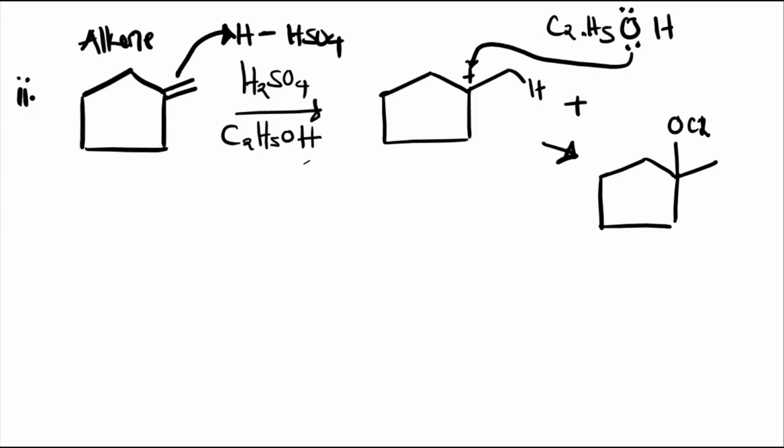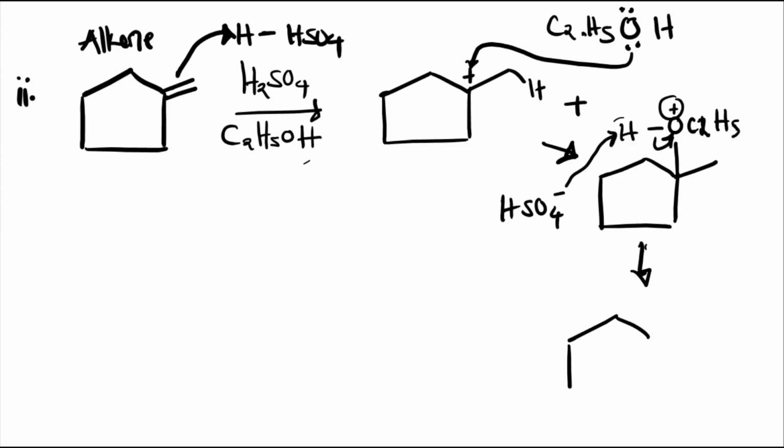So C2H5, and then there's a hydrogen that is attached. So the oxygen here is attached to 3 things. This one that left is negatively charged, so it will come and remove this hydrogen, and this will collapse, and then the final product will be this, which is an ether.